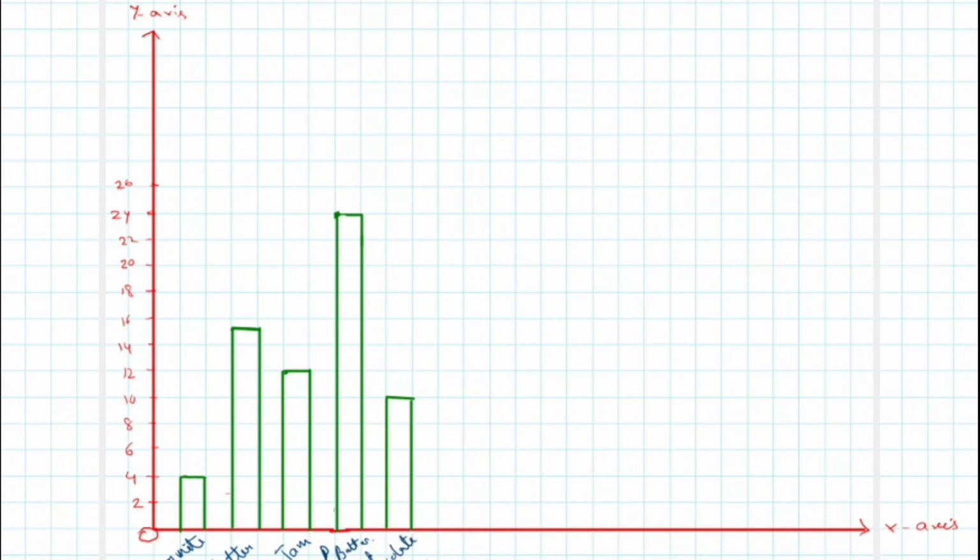The last one is others, and it is 10 as well. So this is again 10. After leaving one box, again we will draw it, same process only. So it is others.